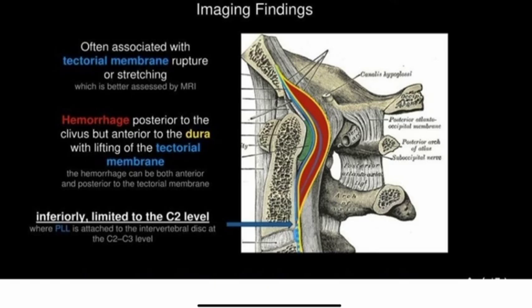This will lead to hemorrhage, and we can clearly see that the hemorrhage is located posterior to the clivus but anterior to the dura mater. It might lie anterior or posterior to the tectorial membrane.